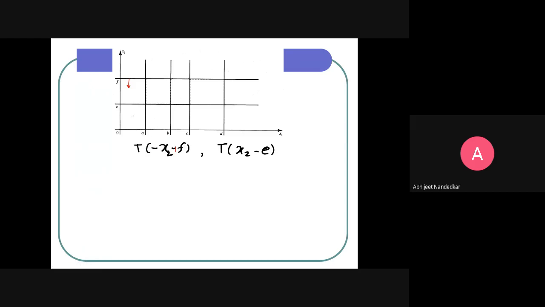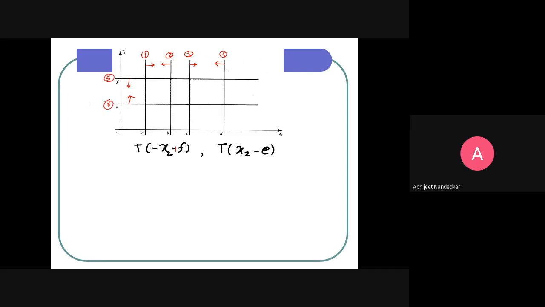What about the last sixth neuron? It is saying x2 minus e. So go this side for firing. So first neuron is saying go this side. Second neuron is saying go this side. Third neuron is saying go this side. Fourth neuron is saying go this side. This is fifth and this is sixth.